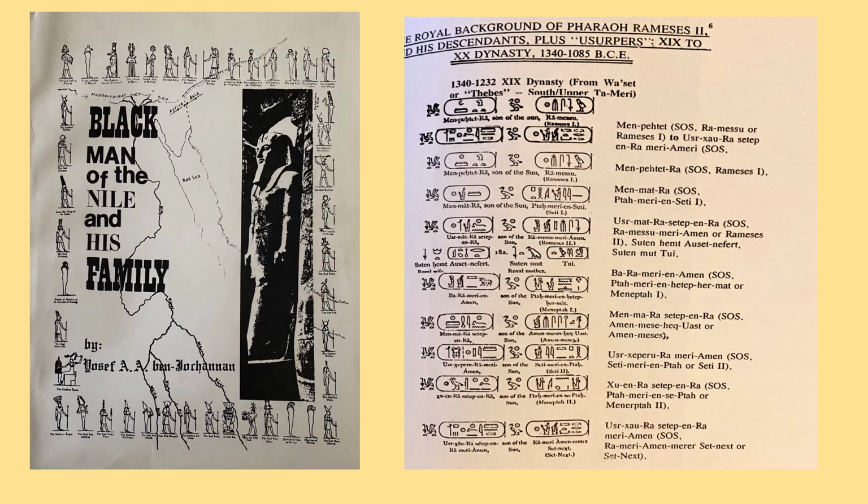This Sultan, as we saw before, is Men Ma'at Ra, and he is identified as the fourth Nasut of the 19th dynasty. The 19th dynasty lasted from 1340 before the Common Era to 1232 before the Common Era. Seti I is known as the father of Ramesses II.